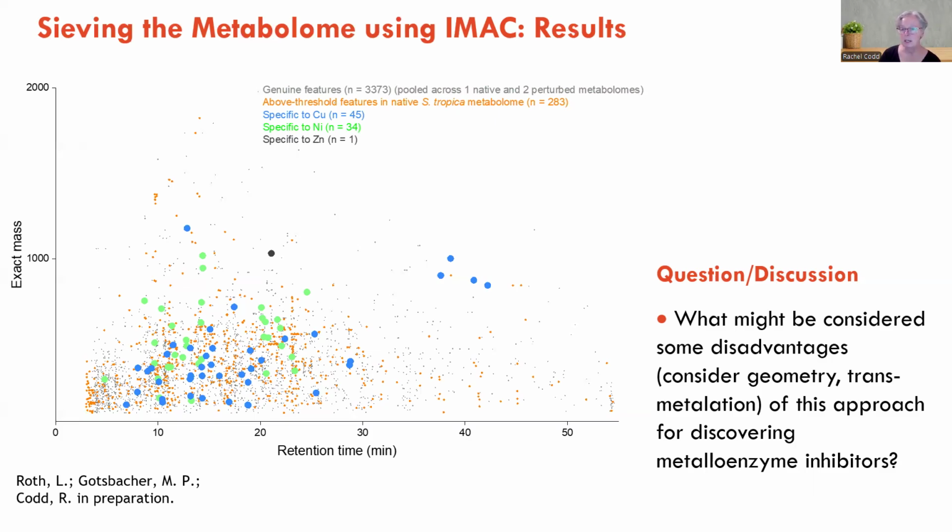So essentially it will strip the metal ion, or it has the potential to strip the metal ion from that resin. And that is not helpful in terms of retaining that compound.